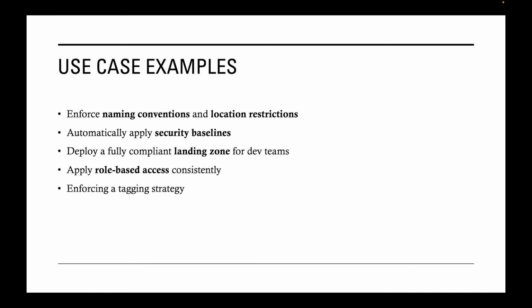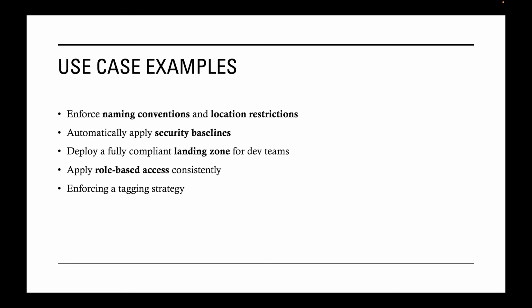Some of the use cases for blueprints are naming conventions and location restrictions. Let's say you are in a company that can only have resources deployed in the US. That would be a location restriction that you would need enforced. Then you can automatically apply security baselines and deploy a fully compliant landing zone for a dev team. You want to make sure that environment is golden, passes, and has the green check mark in all different areas.